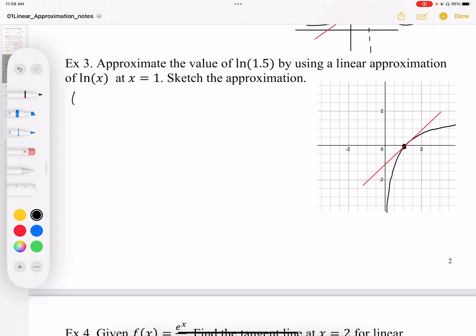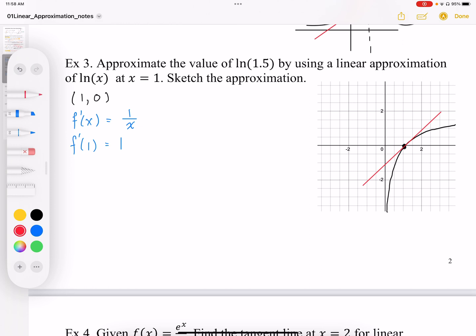So at x equals 1, y equals 0. That's my point of tangency. I need a derivative. The derivative of log x is going to be 1 over x. And we want to find the slope at that point, and we end up with a slope of 1.